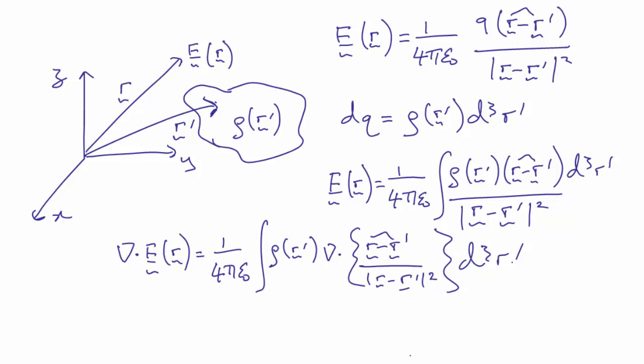Okay, so there is our expression for the divergence of the electric field, and you may remember that this term here, the divergence of that unit vector, is in fact 4 pi times the delta function. That delta function then removes this integral, and sets r prime equal to r. Furthermore, this 4 pi cancels that 4 pi, and we wind up with the first of our Maxwell equations.